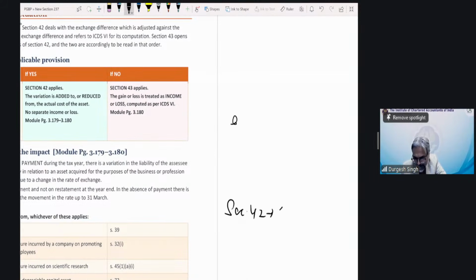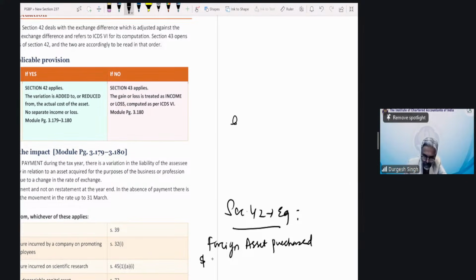Say an example. In this case, a foreign asset purchased at dollar 1 lakh. Fine.